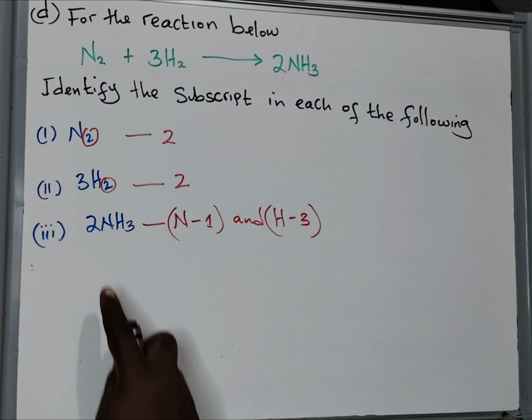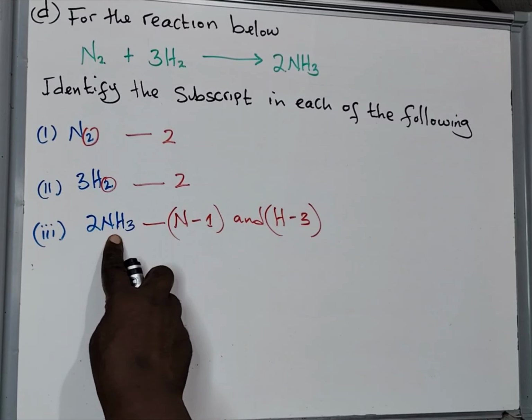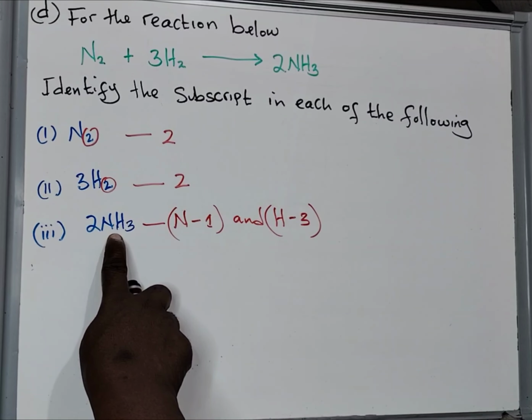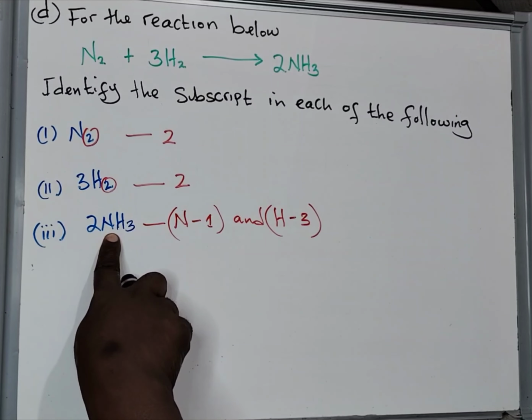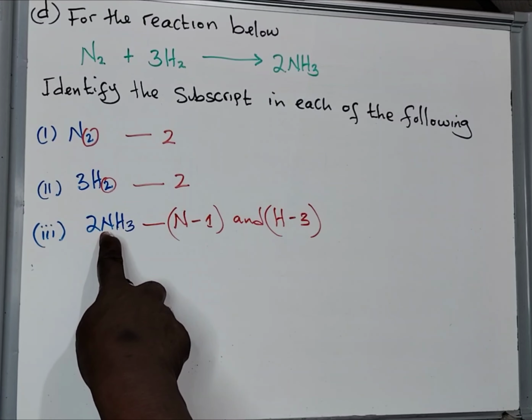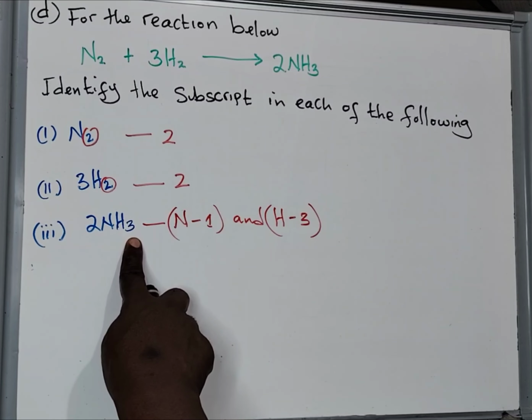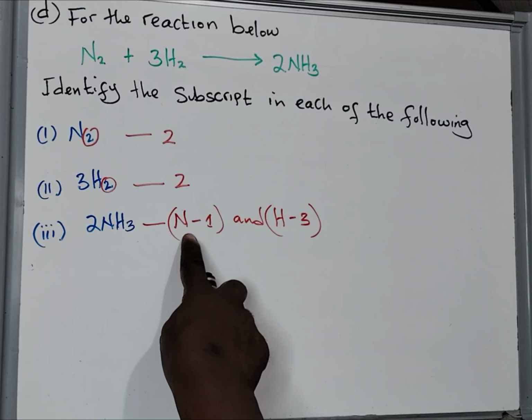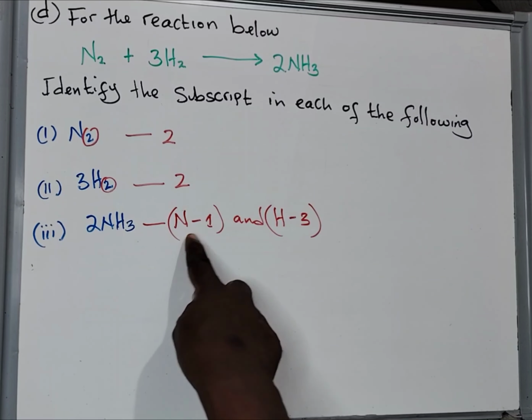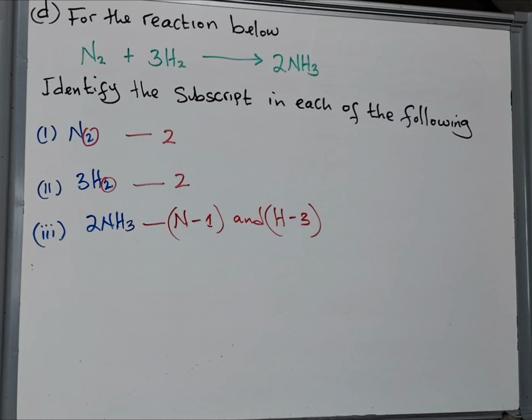Why do we say that? When you look at this molecule, it shows that within this molecule there is 1 nitrogen and 3 hydrogen. So that's why you see it's 1 for nitrogen and 3 for hydrogen.